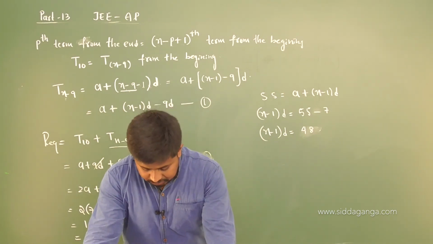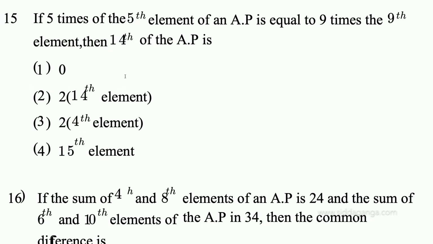Okay, let us move to the next question. 15th one. 5 times the 5th element of an AP is equal to 9 times the 9th element of the AP.